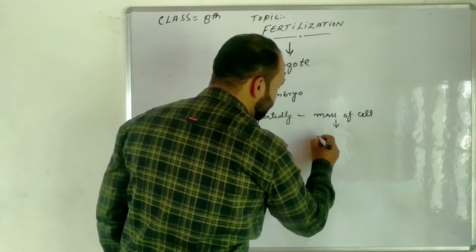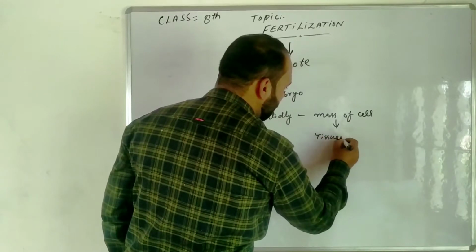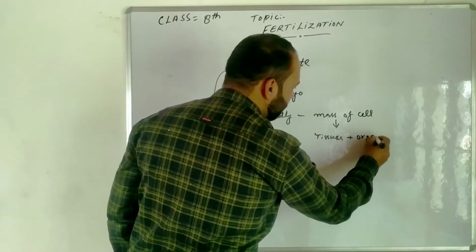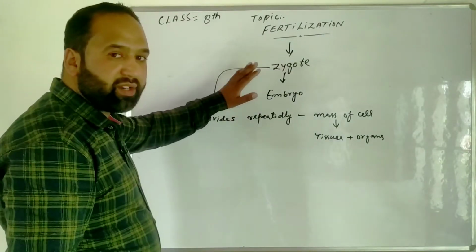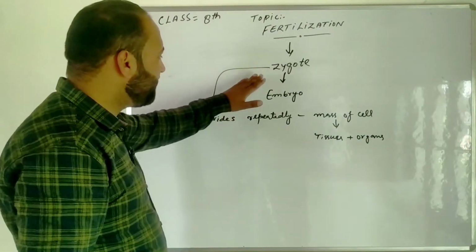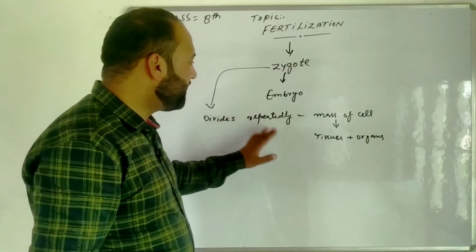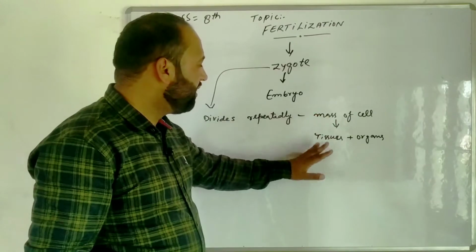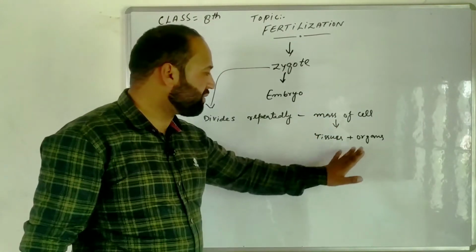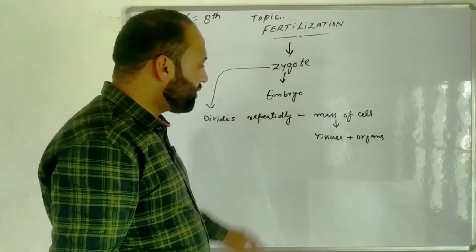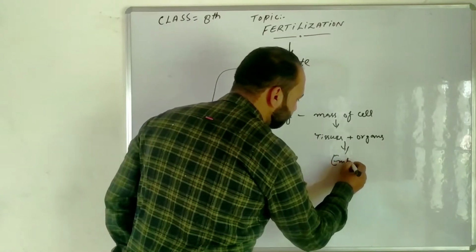Those cells form groups of tissues and different organs of the body. When it forms different tissues and organs of the body, the body is called an embryo.